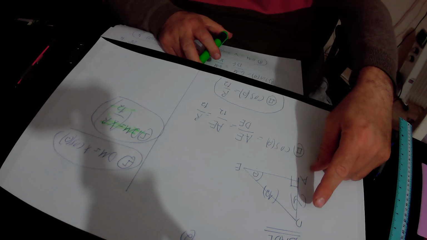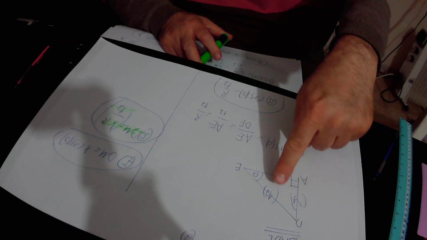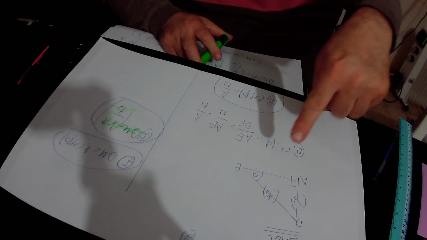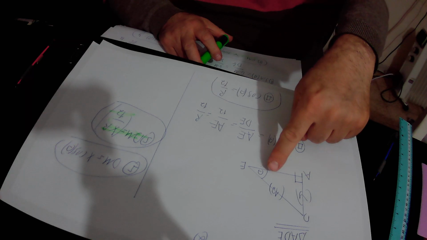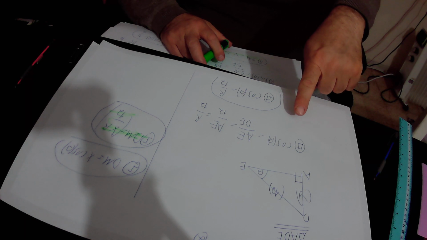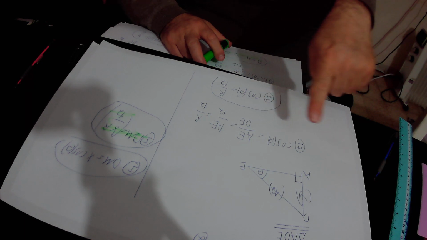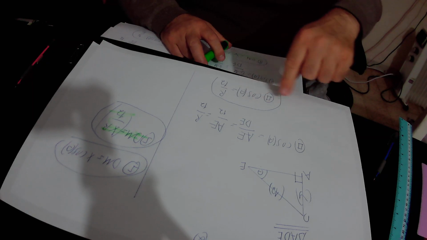According to our definition, side AD equals y. It is given as the equation that DE equals 12. We already found that angle AED is equal to theta. So in this right triangle ADE, it is very easy to see that cosine theta equals AE over DE.